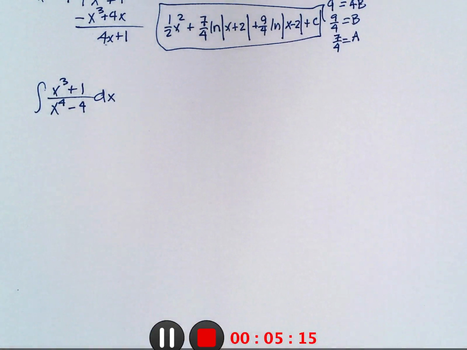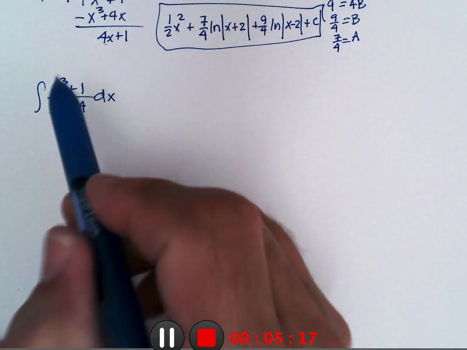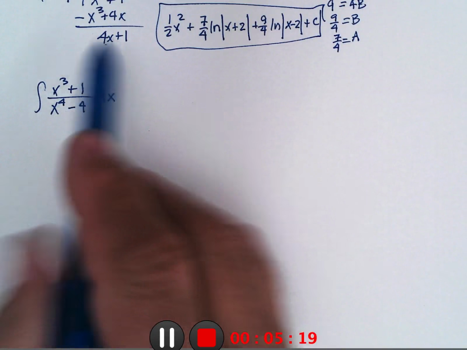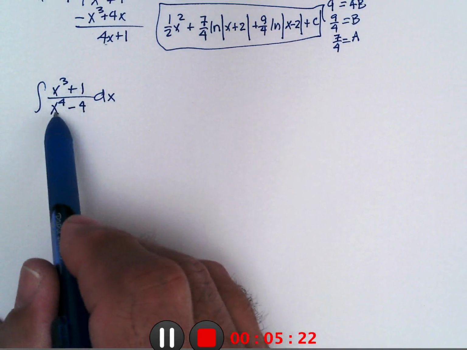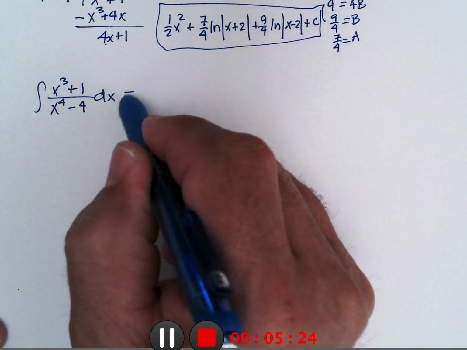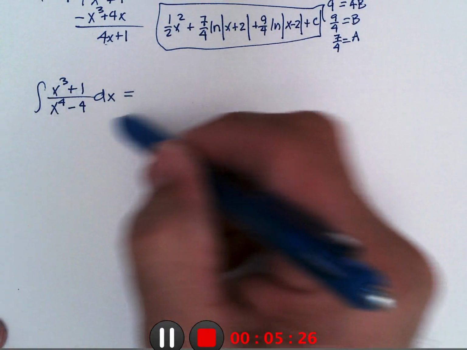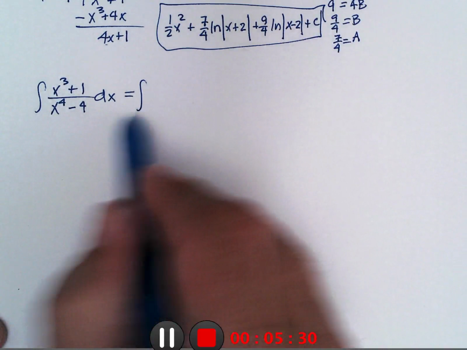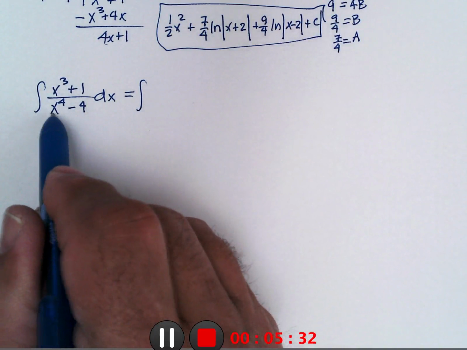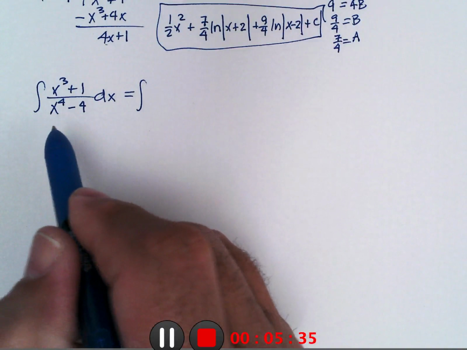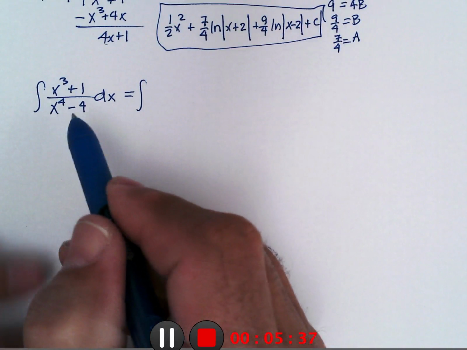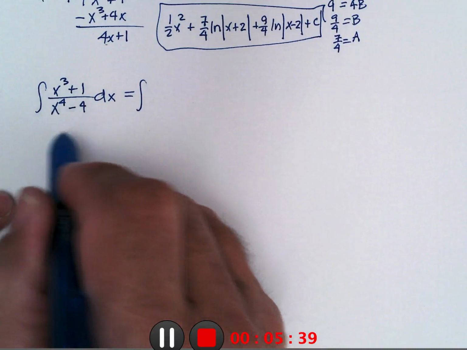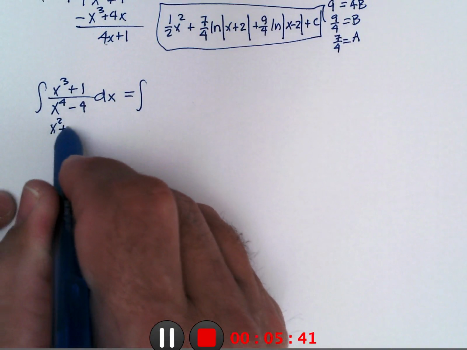So if you were actually to do this one, the numerator is a degree less than the denominator, so it's already less, and you would factor the denominator. x to the fourth minus 4 factors to x squared plus 2 times x squared minus 2.